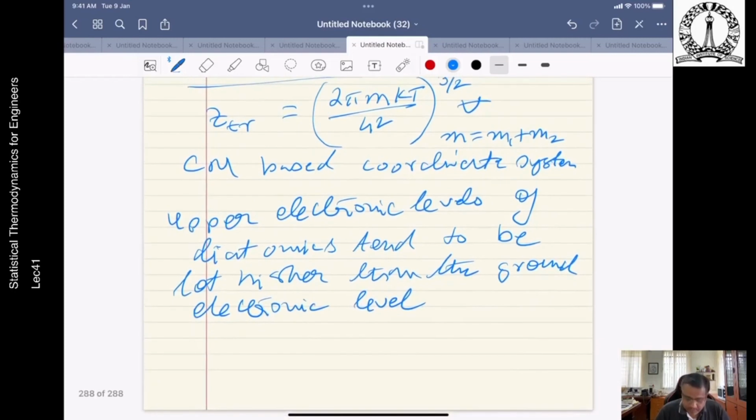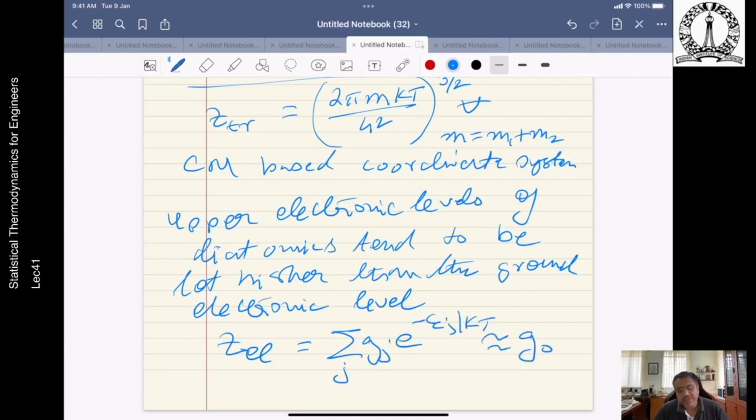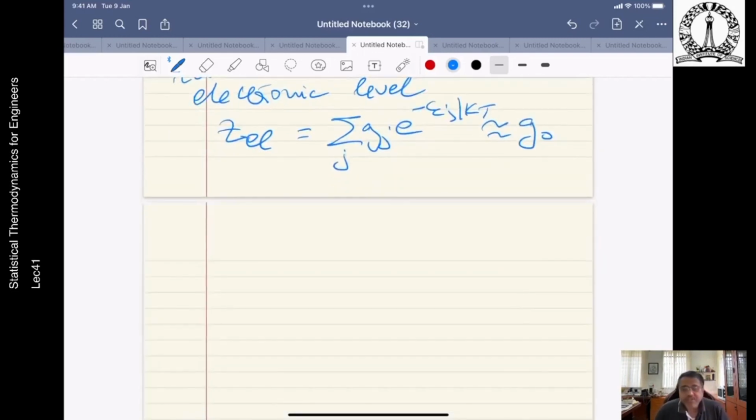Therefore your partition function for the electronic level, the sum over j of Gj exponential of minus Ej by kT, will almost reduce to G naught, which is the ground. However, there are exceptions like oxygen and nitric oxide, for example, where this is not quite correct.